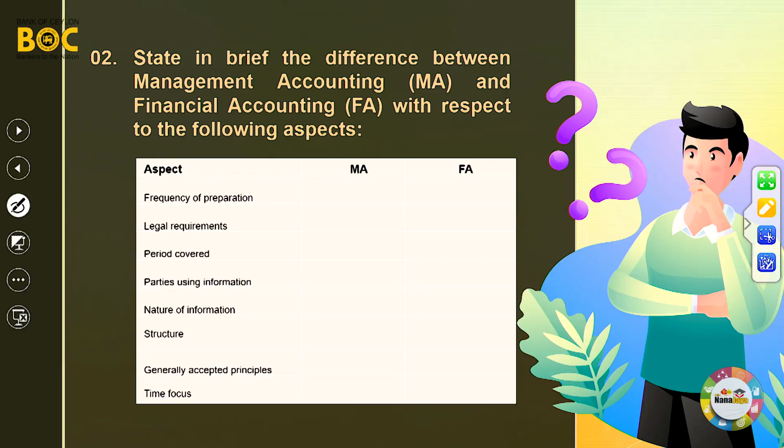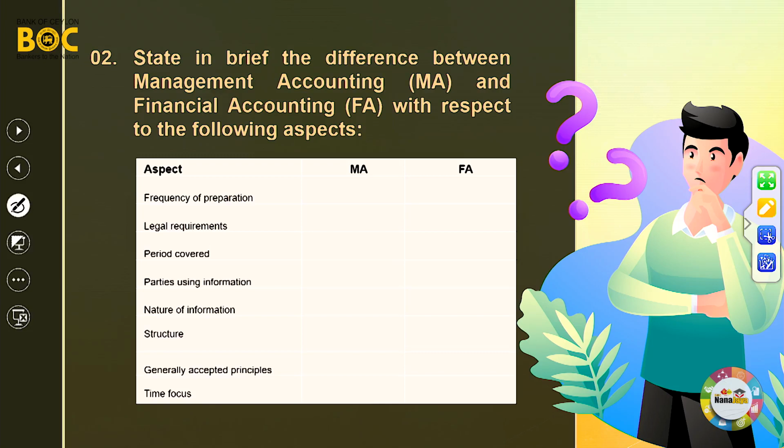The parties using the information: management accounting, internal parties; financial accounting, both internal and external parties. The nature of information: management accounting, past and forecast, historical and budgeted; financial accounting, past historical information.